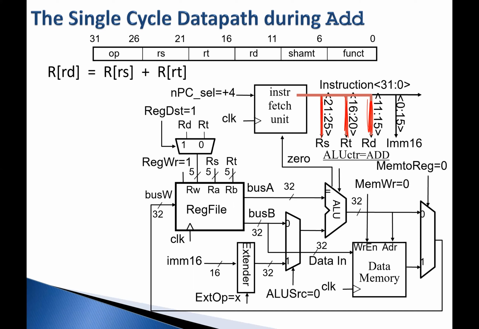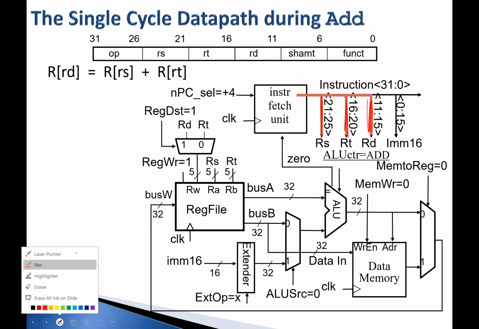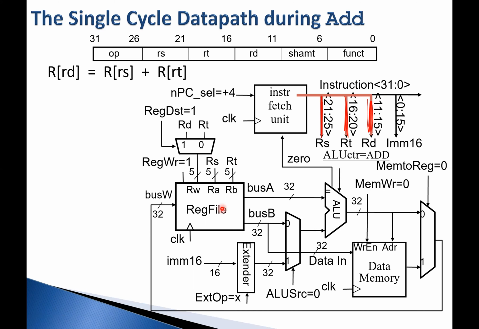Where is your decoding stage? Here, right? This is your decoding stage. Get the data ready. So I will need RS, RT from the operand, right? So go into the register file, grab them, and prepare them as the input of my next stage, ALU.